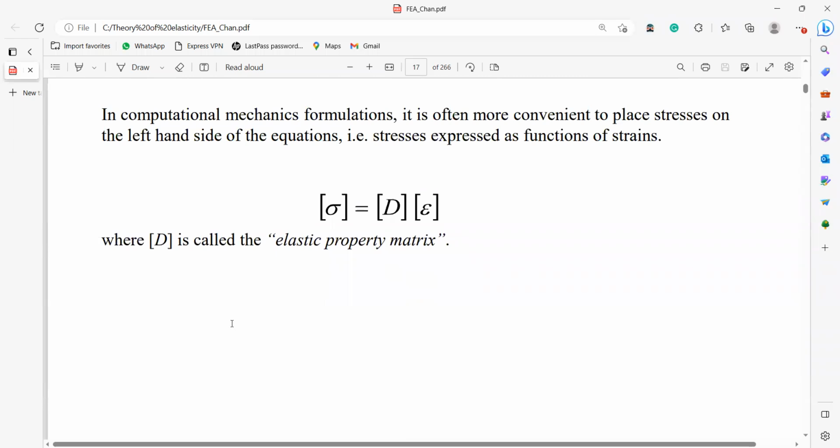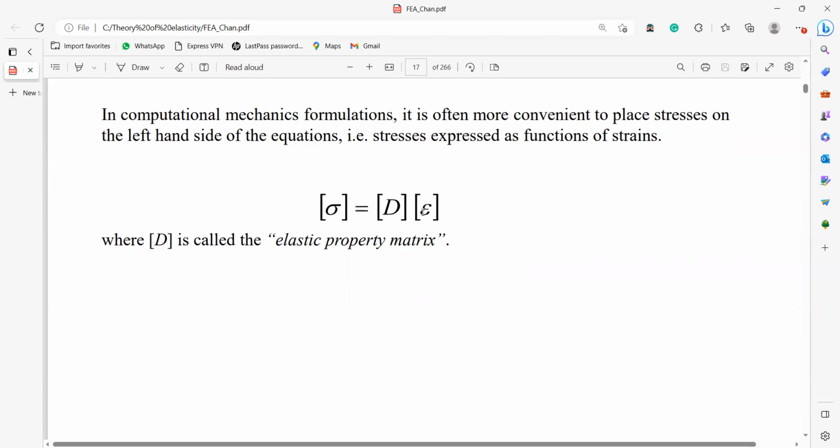So in linear FEA, you will always observe this. Stresses are expressed as functions of strains. And how do you get these strains?